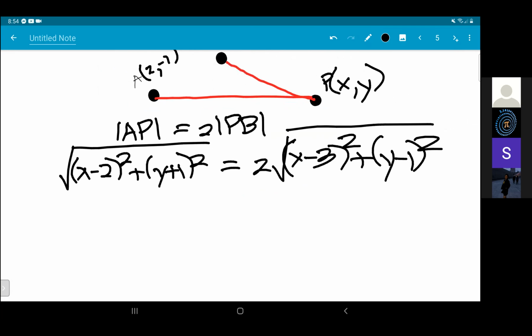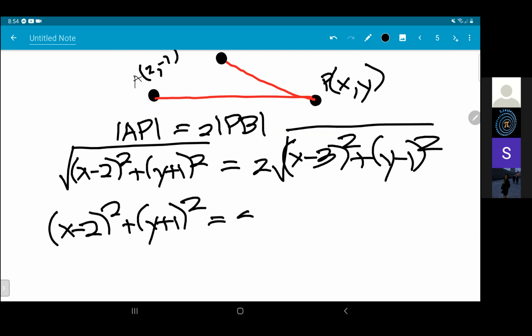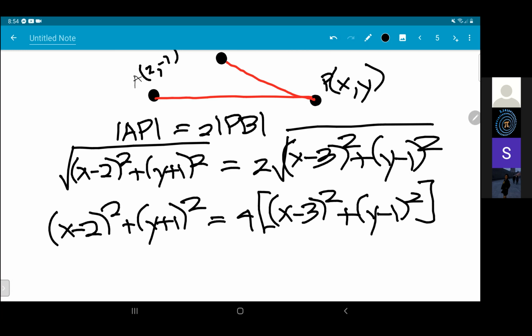So I guess I gave a wrong answer there. I forgot to square the two. So if we square both sides, we get this. And then you have to expand both.